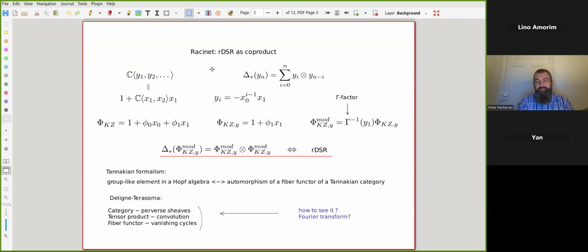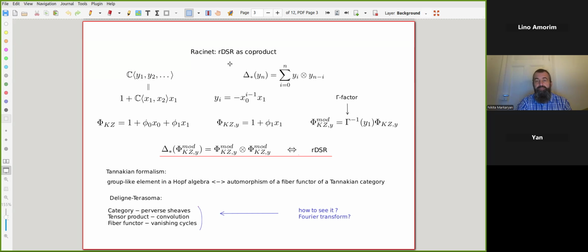But yes. In the late 90s, I think, Georges Racinet in his thesis formulated these relations, the double shuffle relations, in some beautiful form.